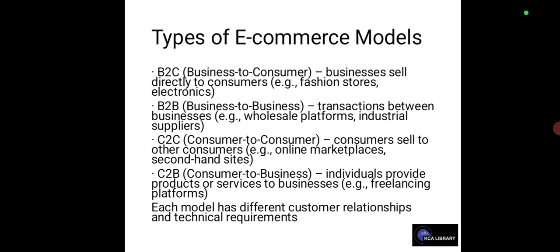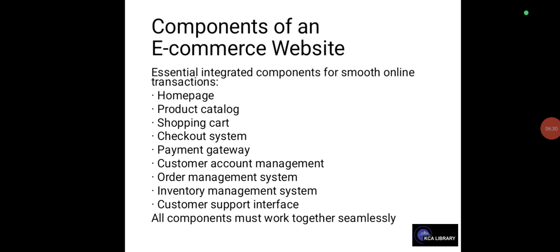And obviously, the model you adopt should be related to the kind of product or service you want to sell, and even the clients that you are envisaging. Okay? So let's talk about the components of an e-commerce website. When you see an e-commerce website, how does it look?